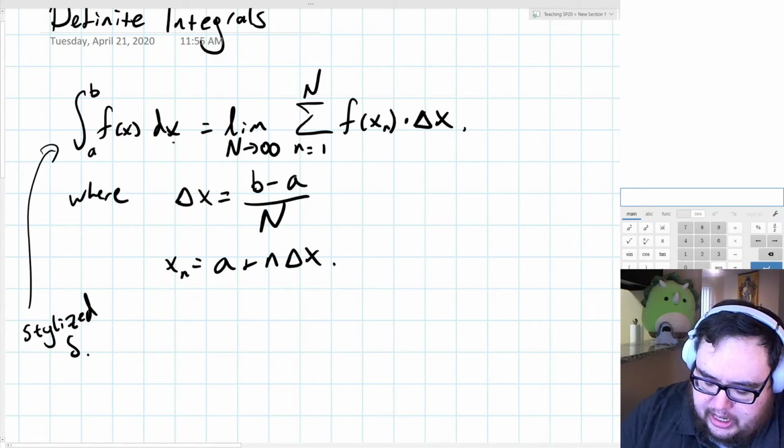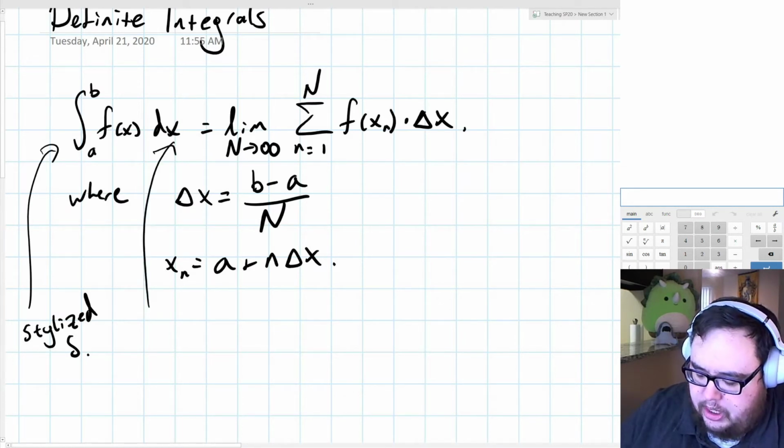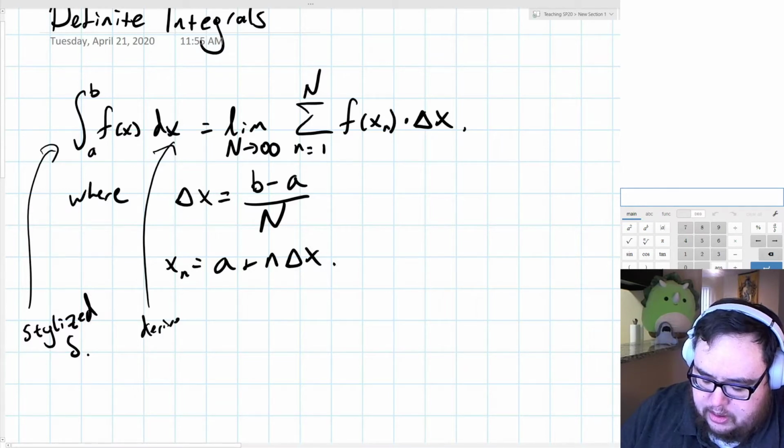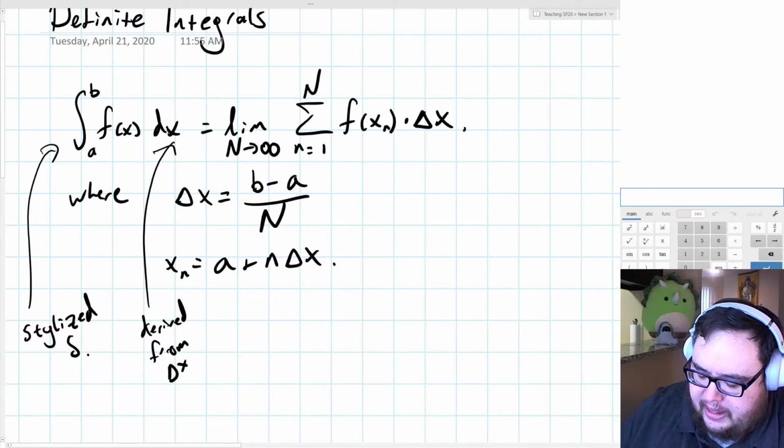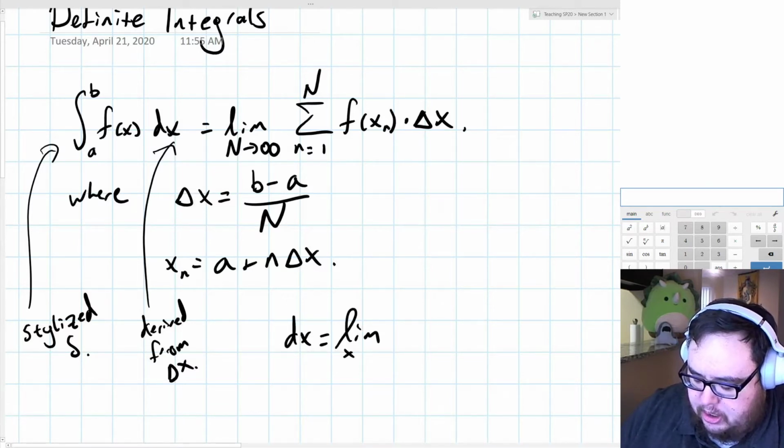And this dx, this differential, in some way is derived from delta x, right? In other words, dx is equal to the limit as big N goes to infinity of delta x.